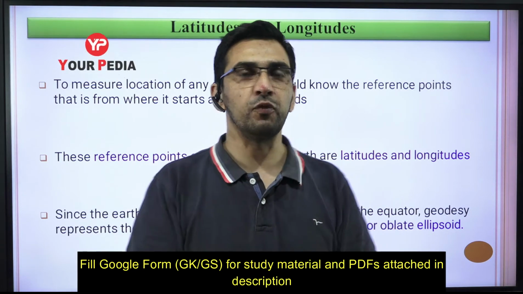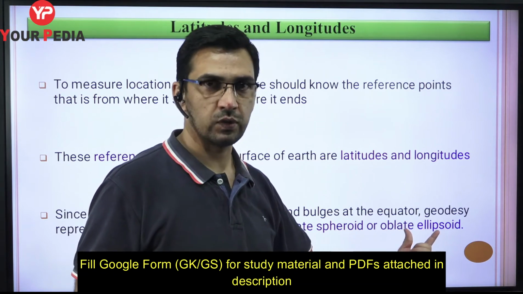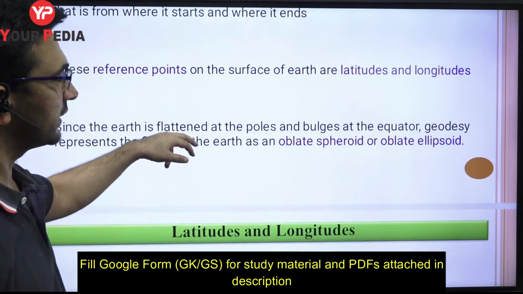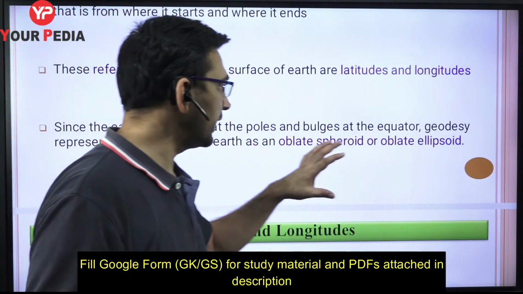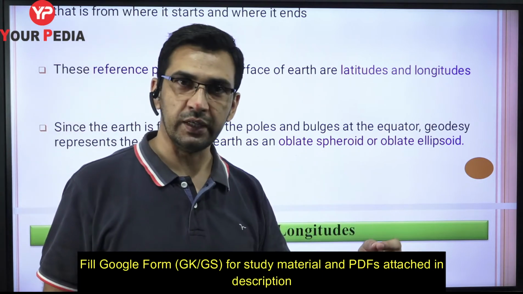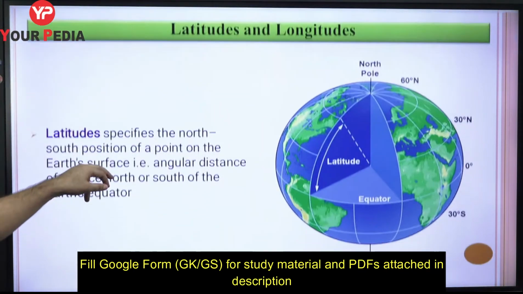That kind of shape we call an oblate spheroid or oblate ellipsoid. You should keep in mind the shape of the earth, because in the exam, if he frames the question, he will check your understanding of the exact shape of the earth, right? So these two terms you should be clear about.